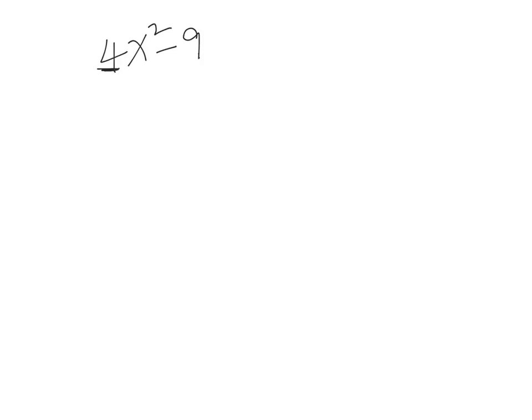So how can we interpret this? In the scratch, you can say 4 is 2 squared and this is x squared, of course. So we can actually combine them together as 2x whole squared minus 9, which is 3 squared.